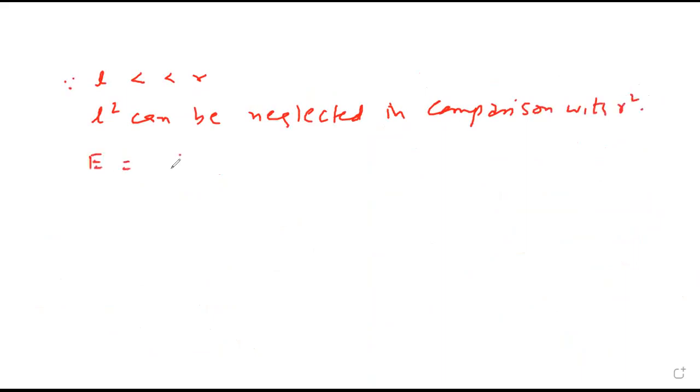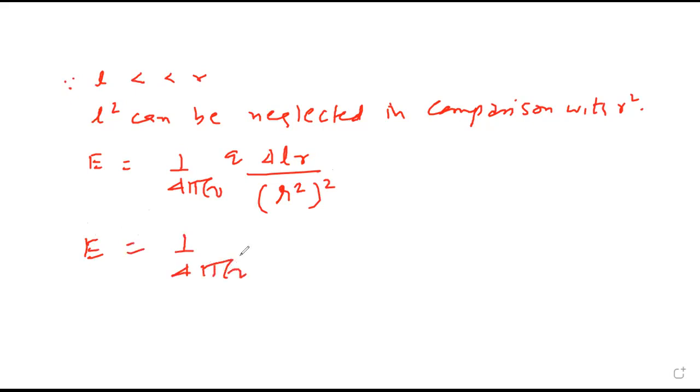Therefore, E is 1 upon 4 pi epsilon Q into 4LR upon R square, L square can be neglected. E equals 1 upon 4 pi epsilon Q into 2L into 2 into R upon R raised to 4. That will become R raised to 3.